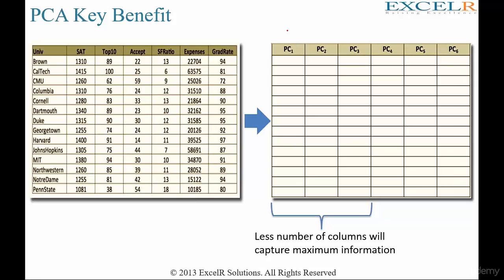Mathematically, your Principal Component 1 is calculated using all these values. Using all these values, mathematically, this value gets calculated. Of course, if you use the raw data as is, you would be in a position to get 100% of information.